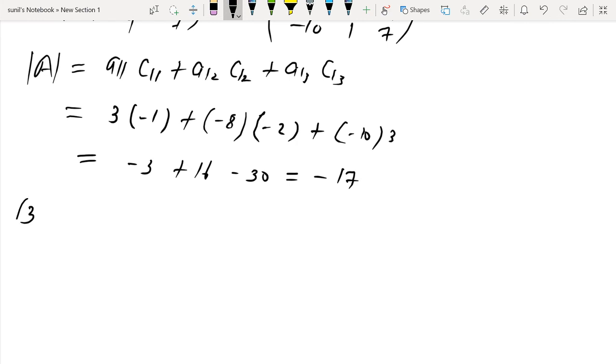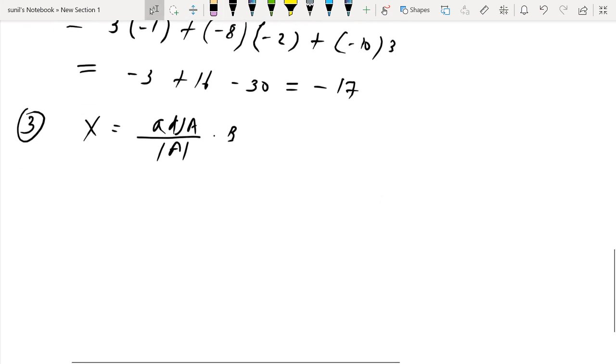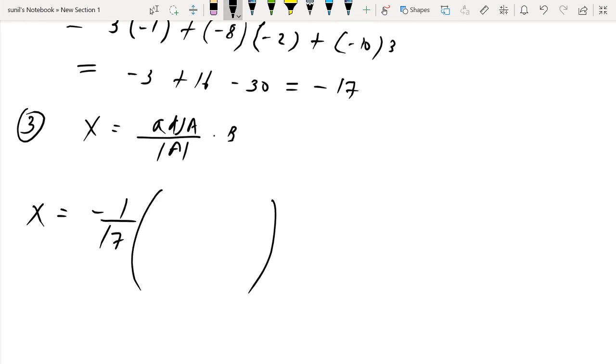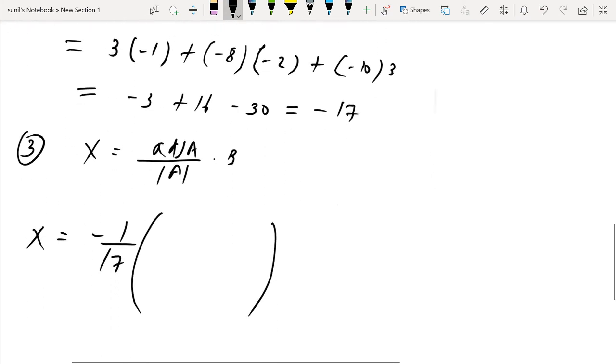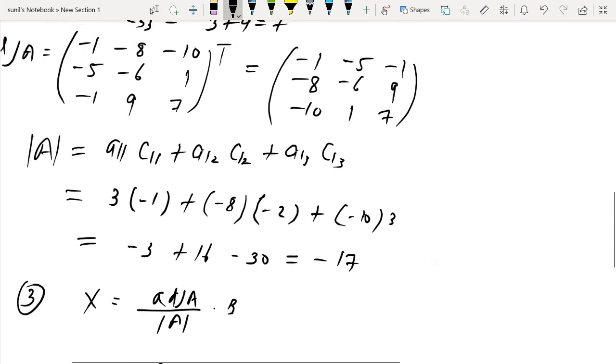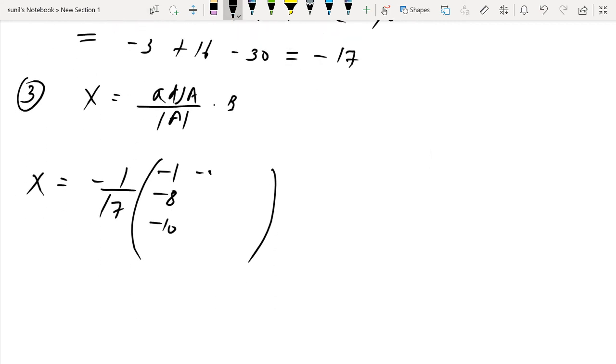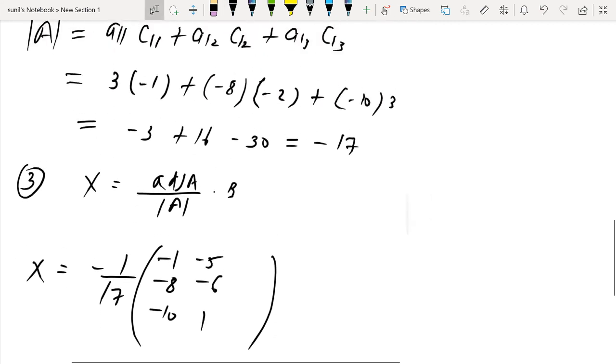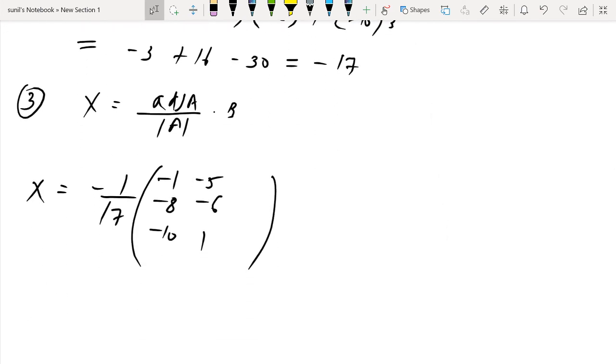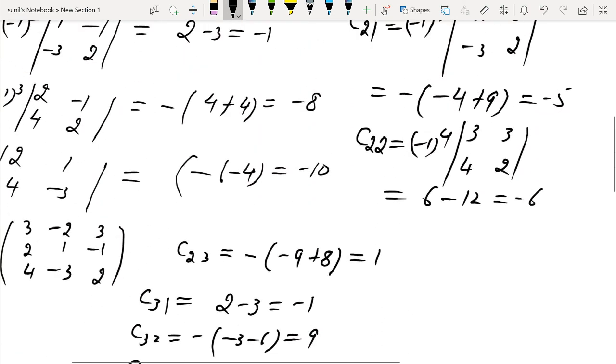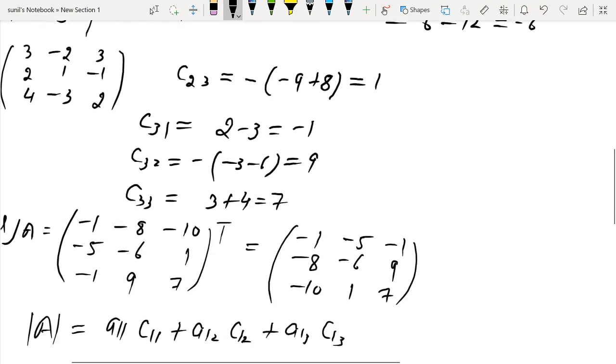Now let us use the relation X is equal to adjoint of A upon determinant of A into B. That is, my X will be equal to minus 1 by 17 times the adjoint matrix: minus 1, minus 8, minus 10, then minus 5, minus 6, 1, minus 1, 9, 7, and your B matrix, which we have written in the beginning: 8, 1, 4.